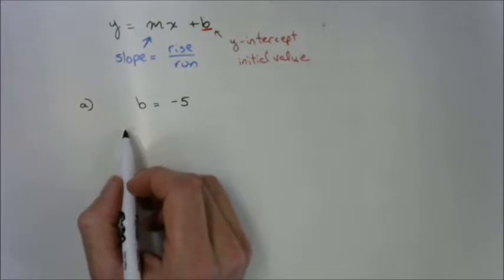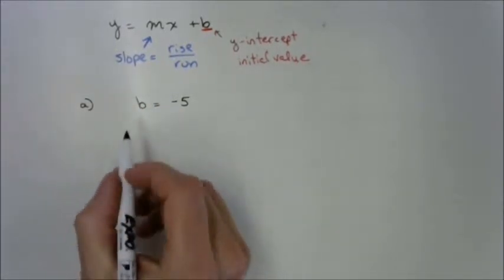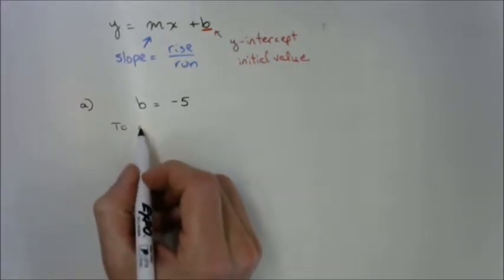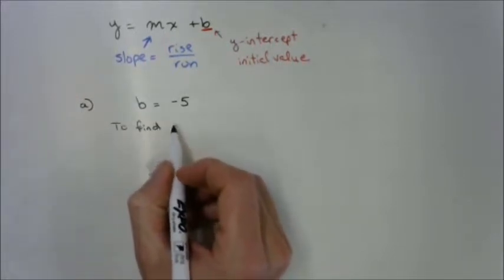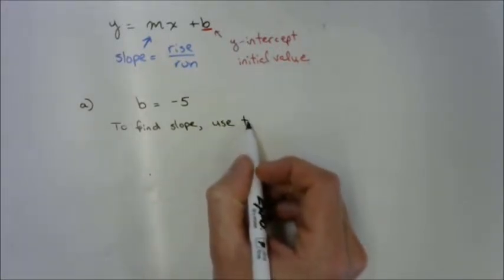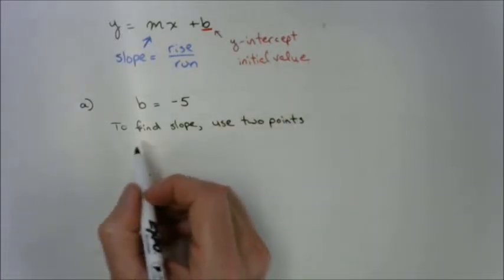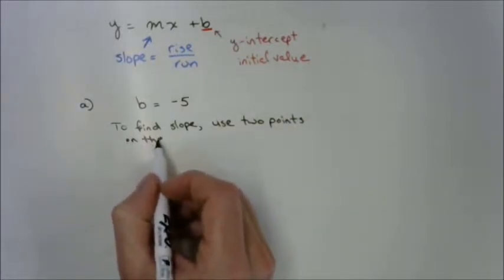Now, in order to find our slope, we're going to use 2 points on the graph. So we're going to make a note there. To find slope, use 2 points on the graph.